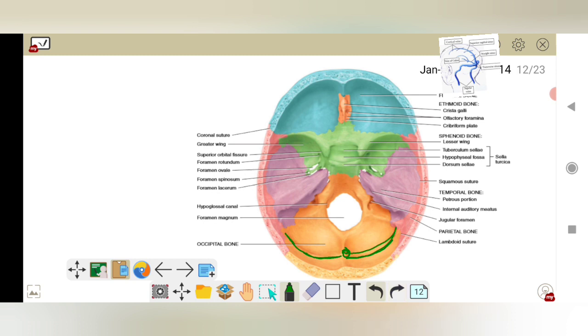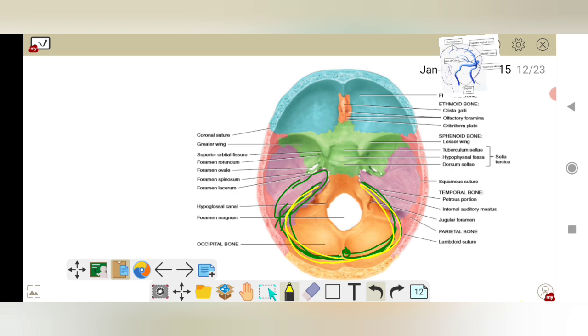Laterally, it extends at the upper border of the petrous part of the temporal bone. This is the petrous part of the temporal bone, and these are the margins of the attached portion of the tentorium cerebelli.